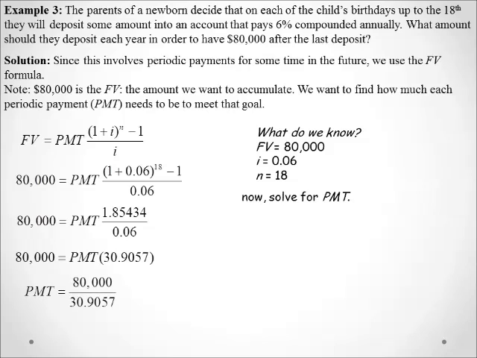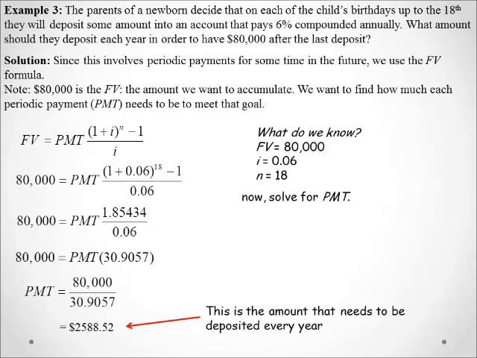Divide by 30.9057. So the amount of each annual payment is $2,588.52. That's how much we have to deposit into the account each year in order to end up with $80,000 in 18 years.